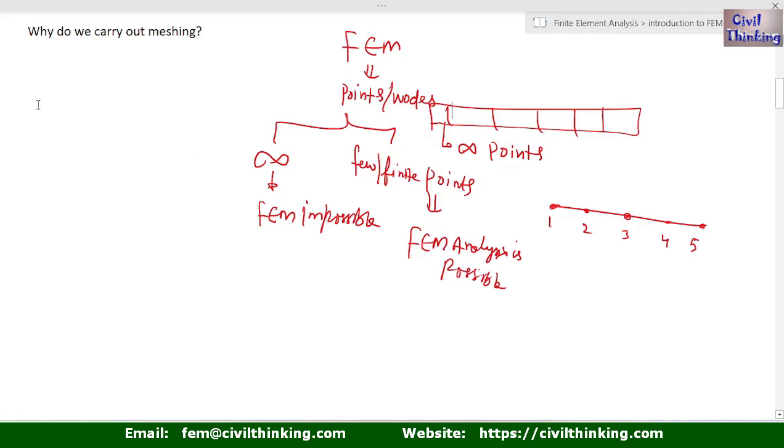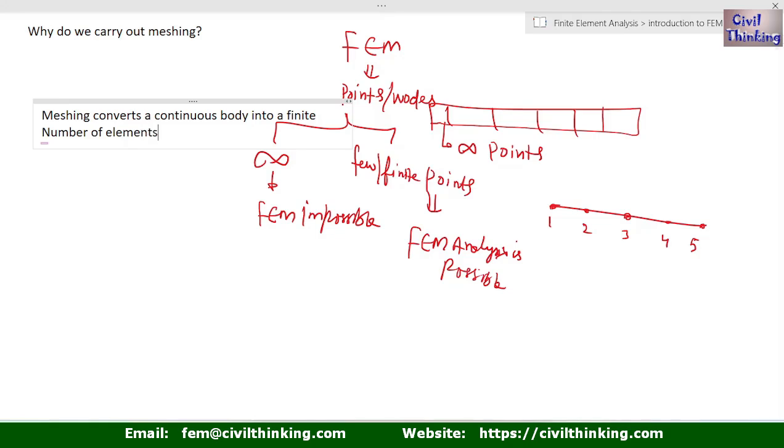So if I write here why we carry out meshing: meshing converts a continuous body into a finite number of elements so that the FEM analysis is possible.